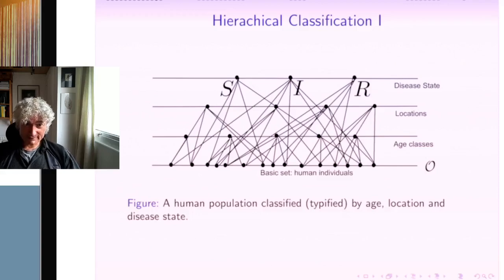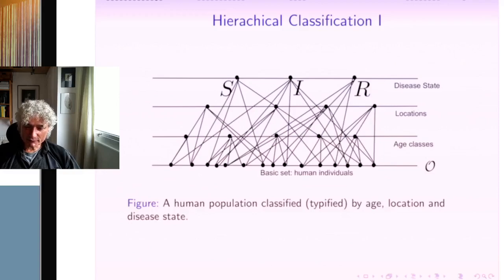So what is interesting here is that I did draw this classification in a hierarchical way, but actually because every individual here has a link to each of these types, so here to the disease states, or here to a location, or here to an age class, this means that all the classifications are actually independent of each other.